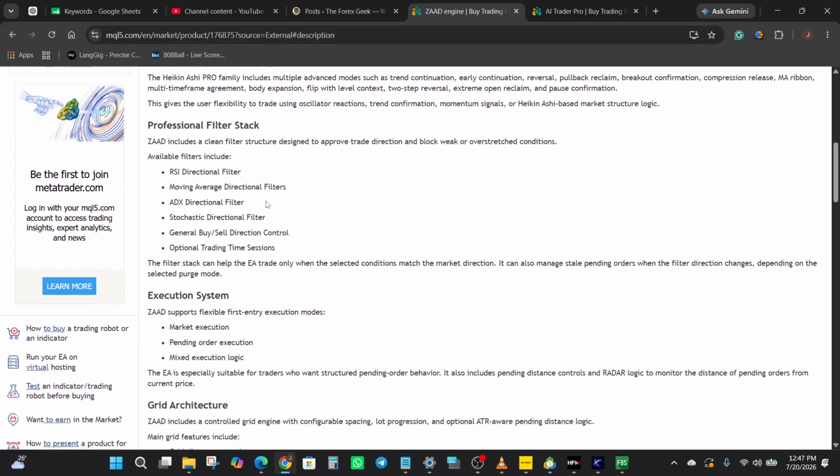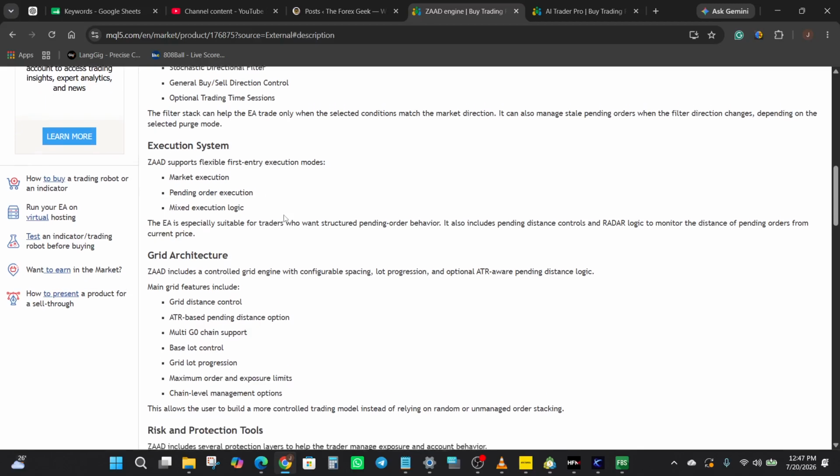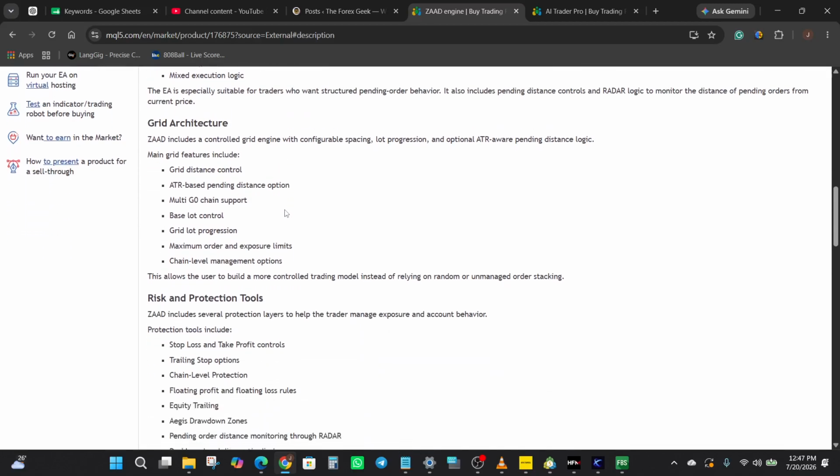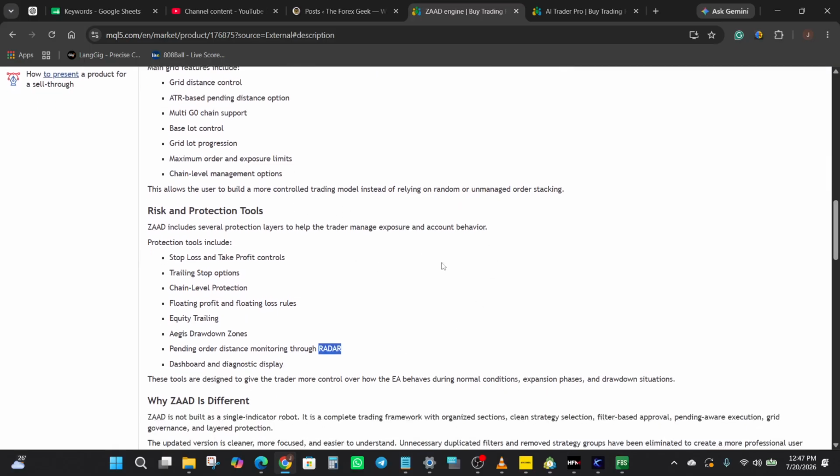Now, on execution, this supports market orders, pending orders, or a mixed approach with distance controls and what is called radar logic to monitor how far pending orders sit from current price.